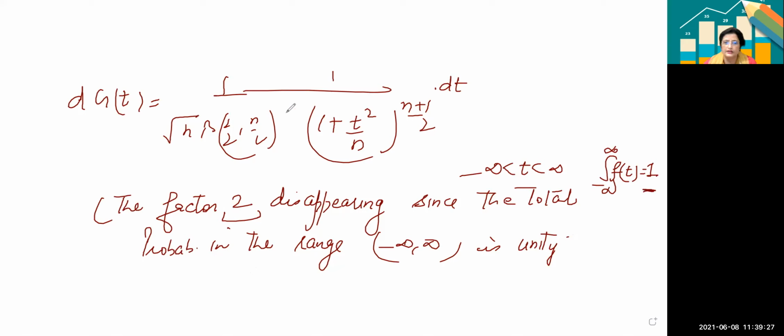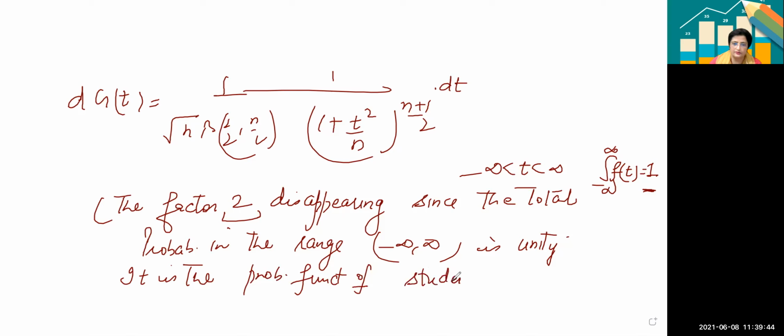So if the factor 2 remains here, your answer will not be 1. So that's why we have to make it disappear. So it is the probability function of Student's T distribution with n degrees of freedom.